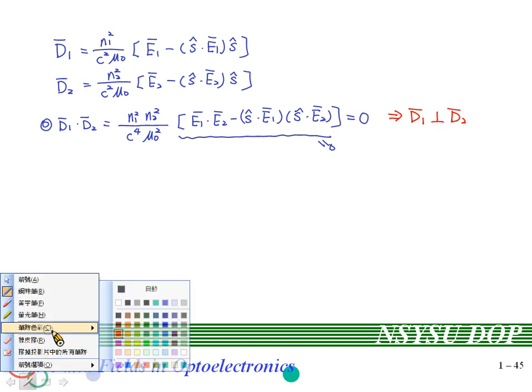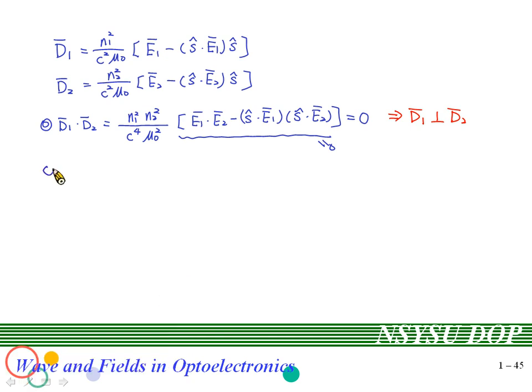Okay, then we check another situation. That is, if we use D1 dot E2, we have D1 here, and D1 dot E2 can be obtained as shown.